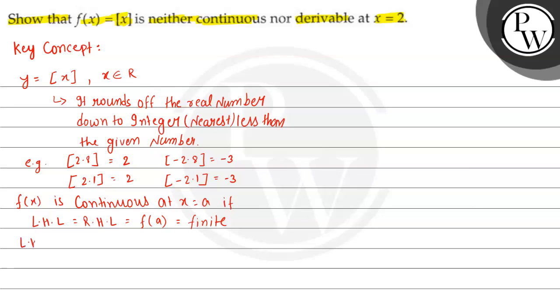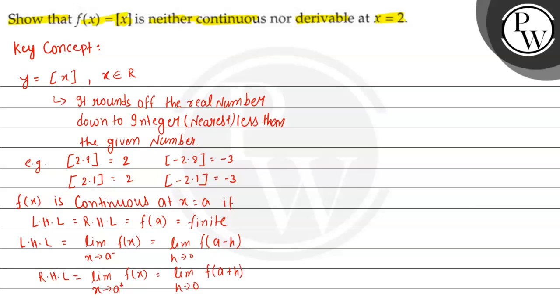Here the left hand limit is given by limit x tends to a minus of f(x), which can also be written as limit h tends to 0 f of a minus h. Similarly, the right hand limit is given by limit x tends to a plus f of x, equal to limit h tends to 0 f of a plus h.